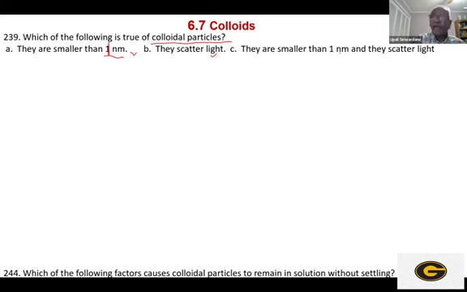They are smaller than 1 nanometer, that's not true. Smaller than that is a true solution. Therefore, B is the only correct answer.